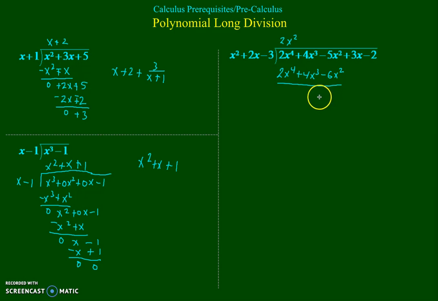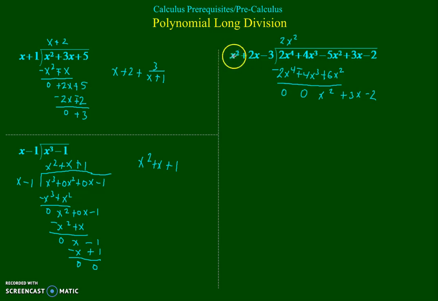Change the signs and add. This is 0. This is 0. Negative 5x squared plus 6x squared is x squared. Carry down our two terms. And start over again.